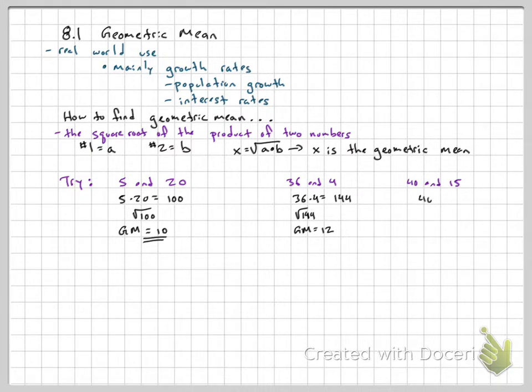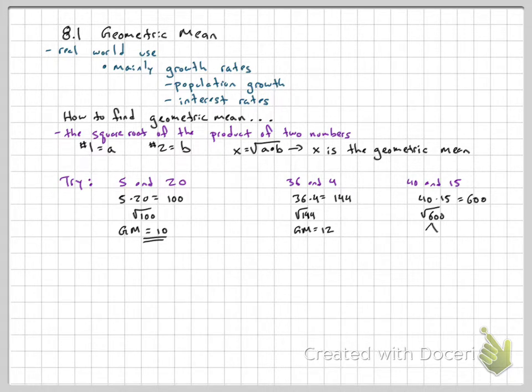So 40 times 15 is 600. So we need the square root of 600. Now 600, if I did that in my calculator, the square root of it is 24.5, right? But let's say I want to leave this as a simplified radical.